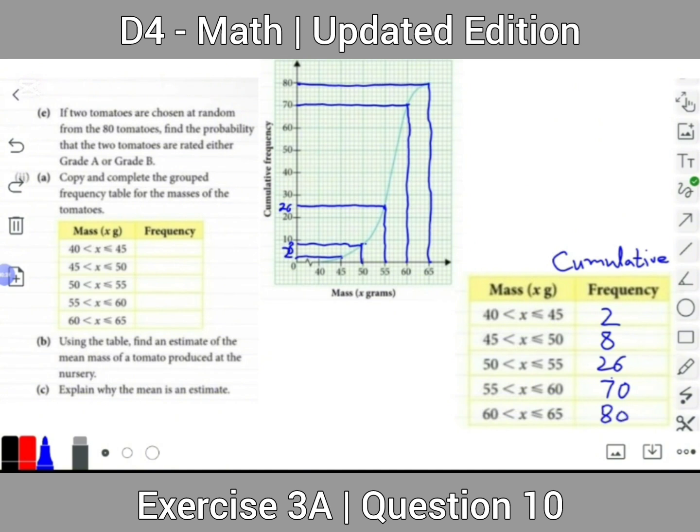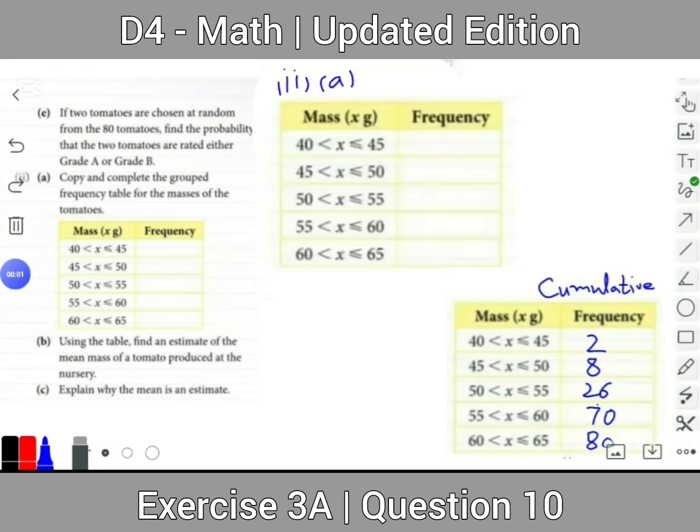So here we have to find the complete cumulative frequency table. First we will identify the class intervals from the cumulative frequency table. The class intervals are already given in the question, so now subtract the cumulative frequency of the previous class interval from the cumulative frequency of the current class interval, and that gives us the frequency for the specific class interval.